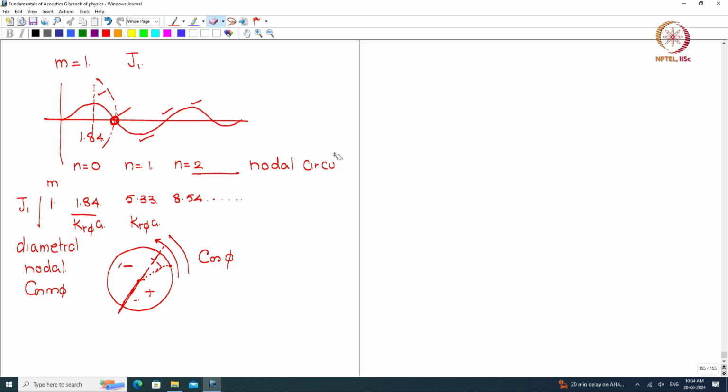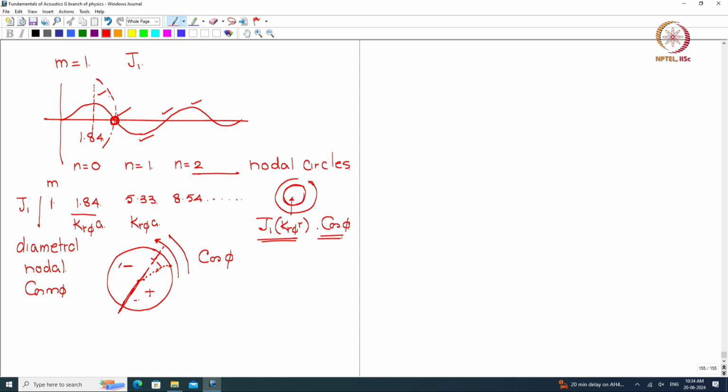This shape gives me nodal circles. Why? Because J1 of Kr phi r has to be rotated around cos phi. Wherever this has a 0, it is taken around, so that becomes a nodal circle.